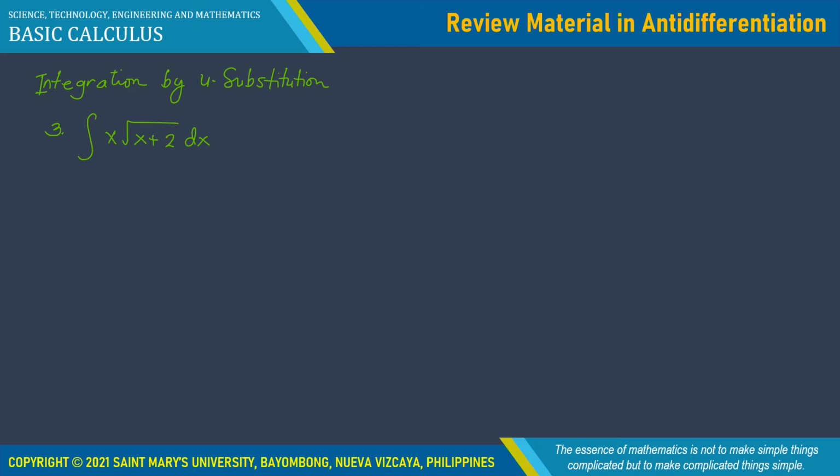So, di ba, ang ilalet yun natin, nasa loob ni radical, u equals x plus 2. So, kapag ganitong case, ang gawin natin, isosolve natin yung value ng x in terms of u. So, dito, solve for x. Itatranspose lang natin yung 2 to the left. So, from positive 2, maging minus 2 equals x.